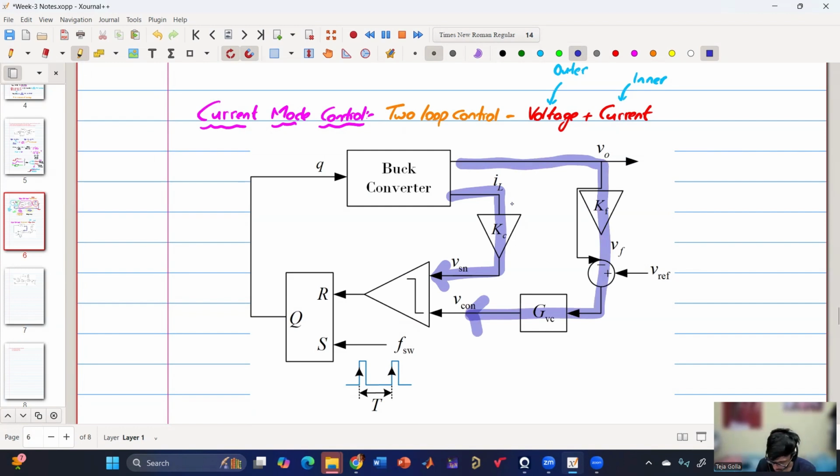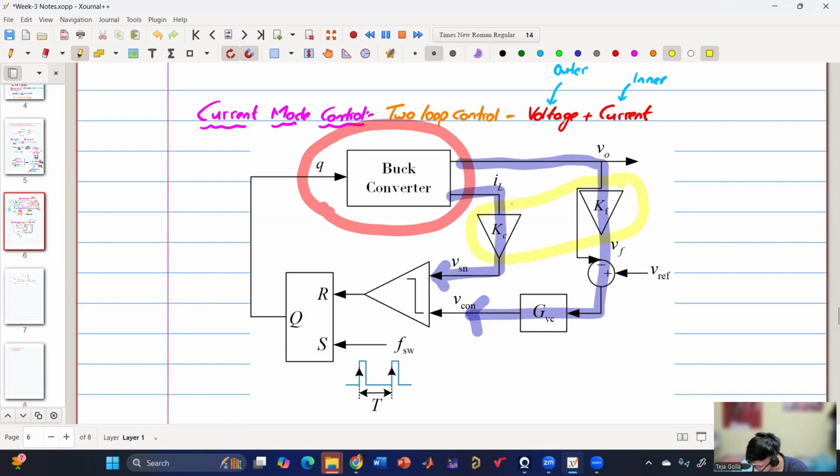Okay. So again, let us segregate different things. So this is our plant, and then these are two types of sensing. Sensing is equally applicable for current as well as voltage, right? So voltage needs some stepping down, whereas current has to be converted from current to voltage, because the inductor current is in the current form.